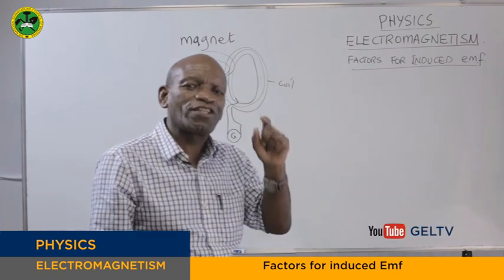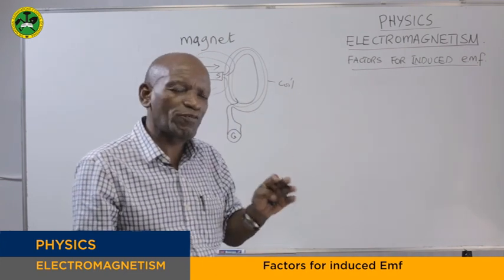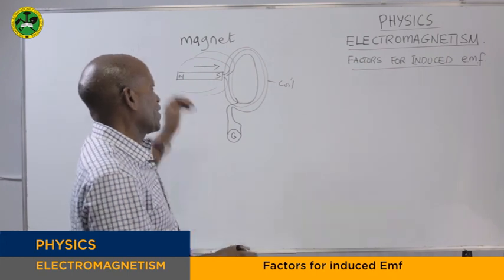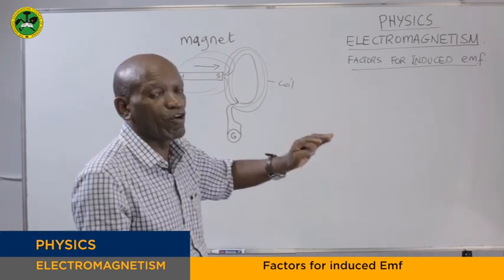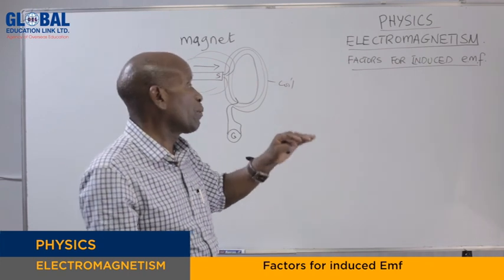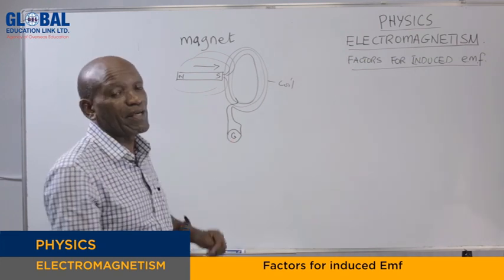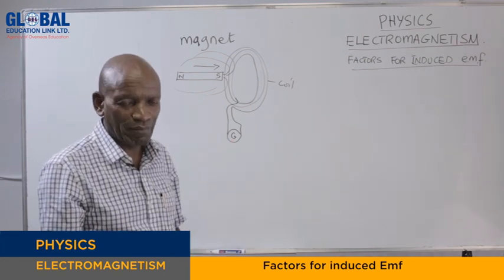If that variation is no longer existing, there will be no induced EMF. So the magnetic field that interacts with the coil has to vary. That variation will produce an induced EMF, and that induced EMF can be detected by a sensitive galvanometer.